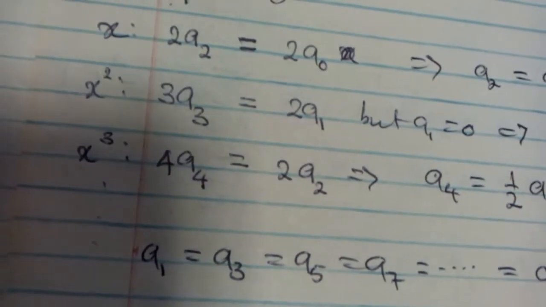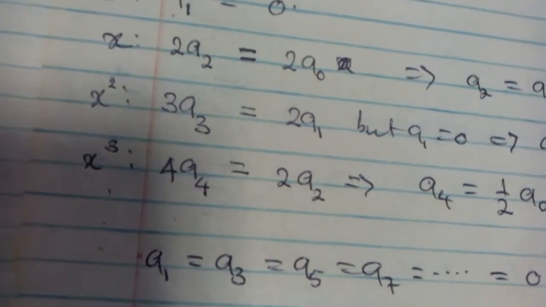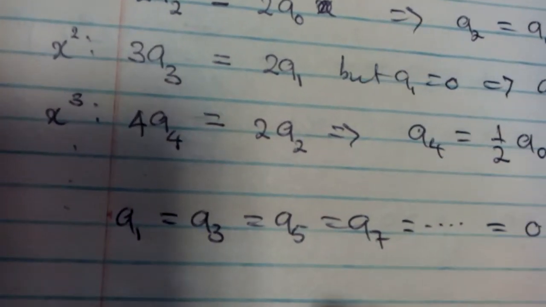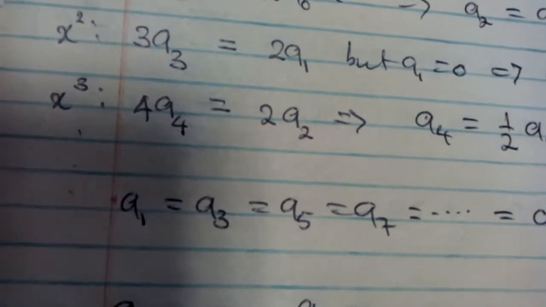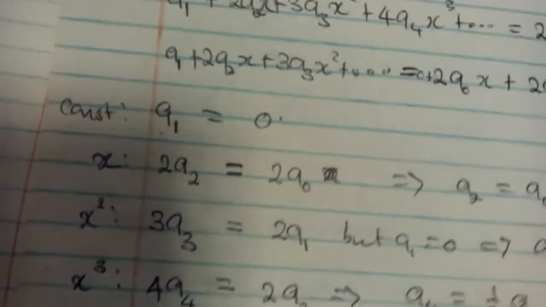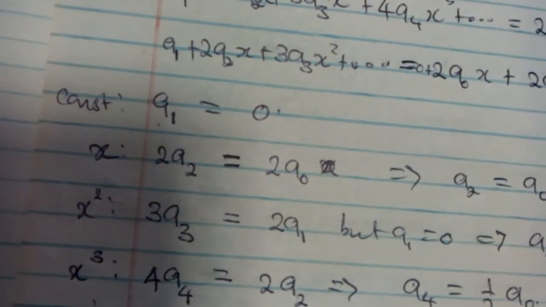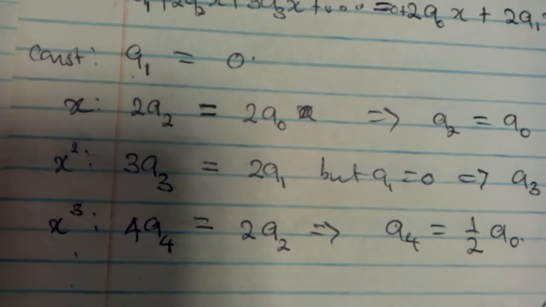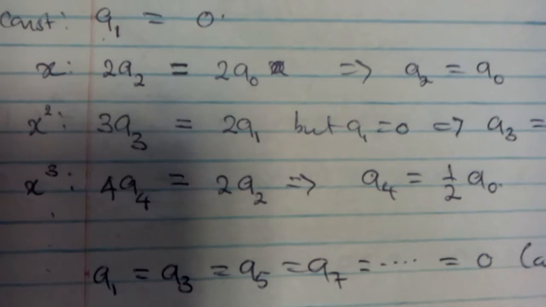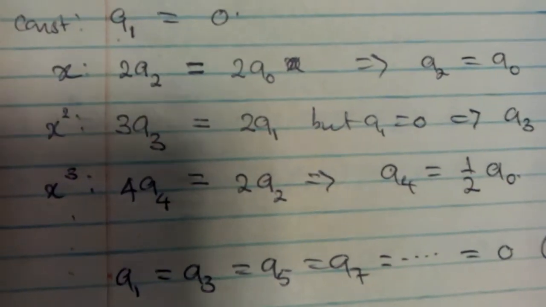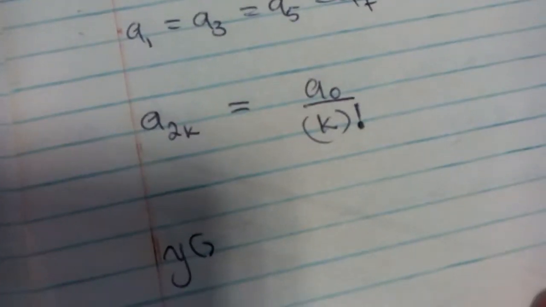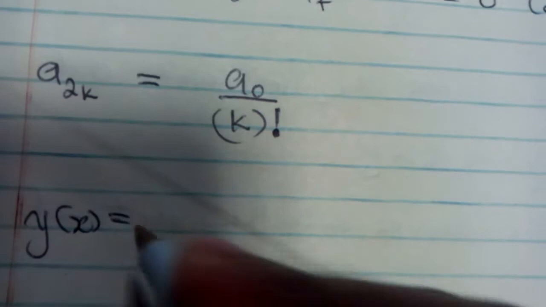And then the even terms, that is a2k, these are given by what? By a naught over k factorial. Because if I were to do this, you'll note that this is given by a naught over k factorial, so that my series y of x, my y at x is nothing but what?